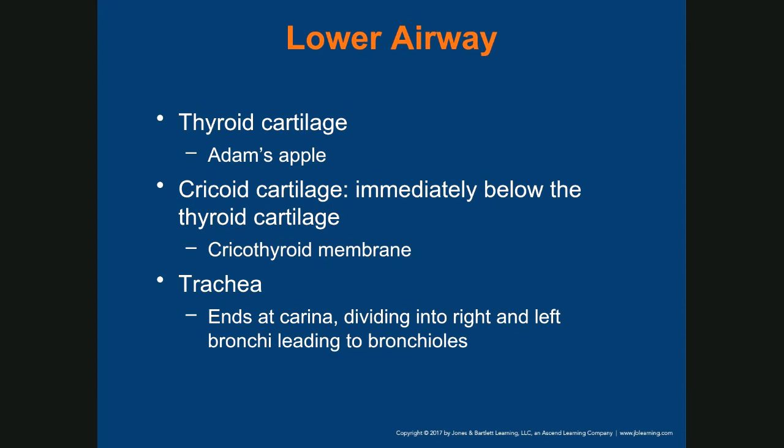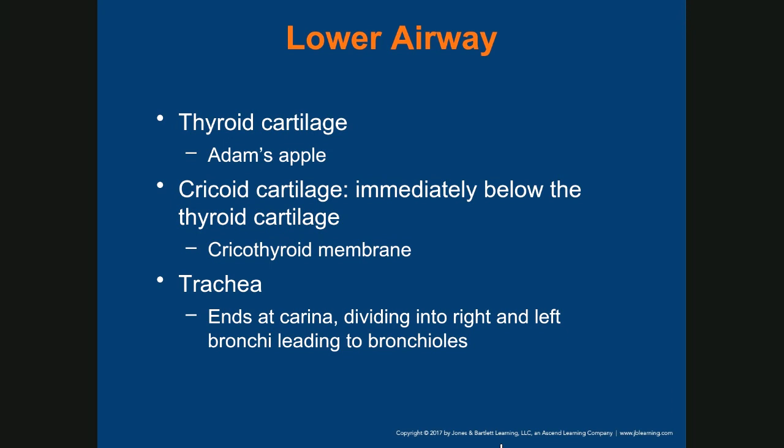Now, if you locate where the thyroid cartilage is, if you put your finger below that, you'll feel a soft portion, right? That's the cricothyroid membrane. And then just below the cricothyroid membrane, you will have the cricoid cartilage, right? That's the position of those structures. I hope that helped.